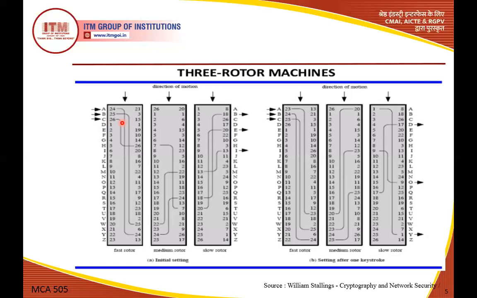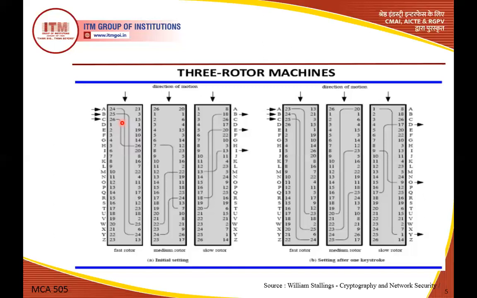For strong ciphertext, we have to define multiple cylinders so that the output pins of one cylinder are connected to the input pins of the second cylinder, as you can see in the diagram, in which the output of the fast rotor is connected to the input of the medium rotor. The output of the medium rotor is the input to the slow rotor. So in this way, by using multiple cylinders, we can create a strong ciphertext.